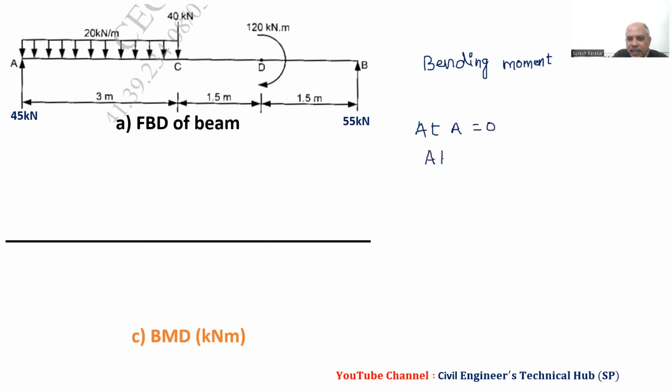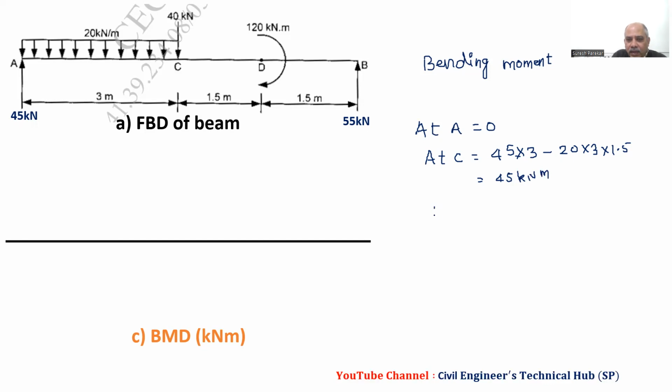Then at C we have 45 into 3 minus 20 into 3 into 1.5, which is 45 kilonewton meter.